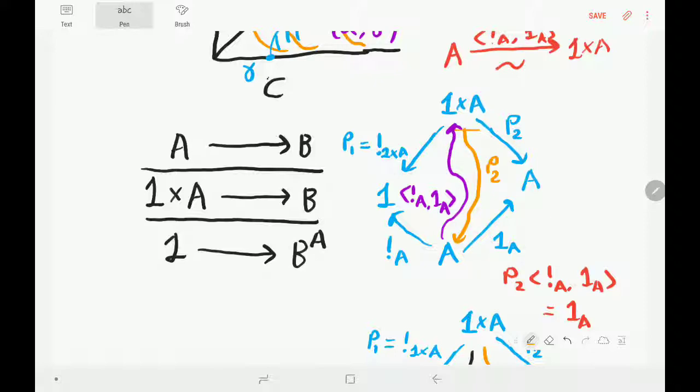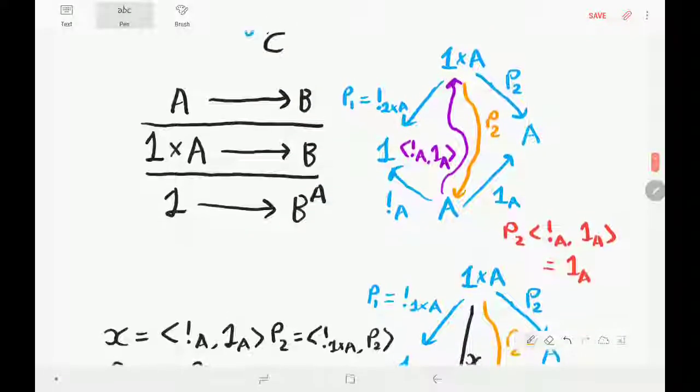How can we see this? Well, it's quite easy to see that p2 of exclamation mark a, comma 1a is 1a, because when we do p2 on this pair, we're just selecting the second entry, so we get 1a from that.